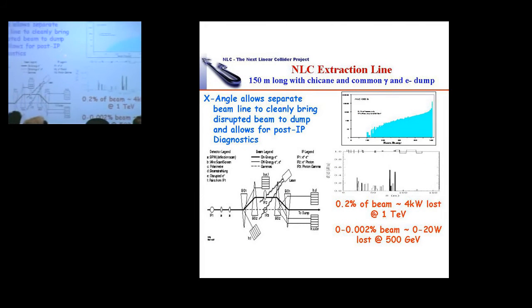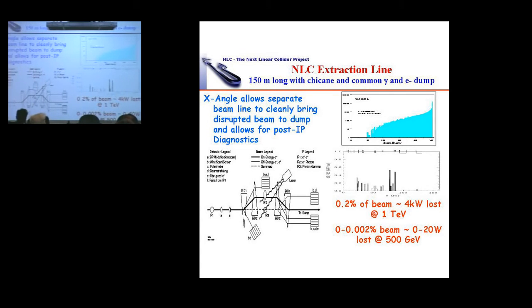Okay, the plus part for having a crossing angle begins, I would think, with the fact that once you have a crossing angle, you're allowed to have a completely devoted extraction line that can collect the disrupted beam and bring it to where you want it to be brought in a way that is amenable to diagnostics.